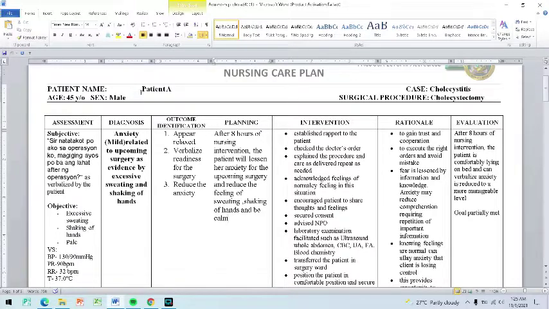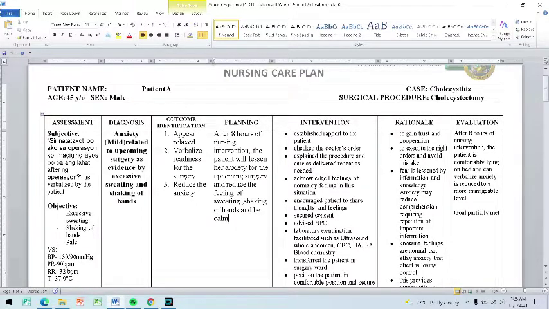In this case, we put the name of the patient as patient A, the age is 45 years old, and the sex is male. Our case is cholecystitis, and this is based on the surgery department. We have here the surgical procedure for the cholecystitis, which is cholecystectomy. So that would be the case for this nursing care plan.